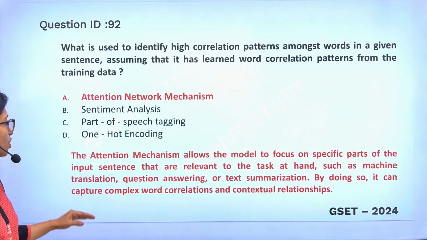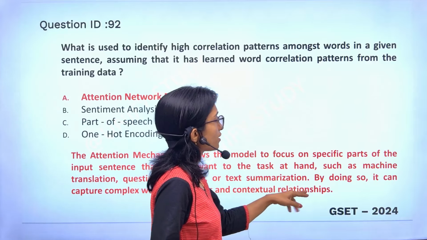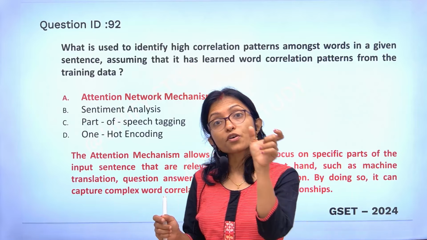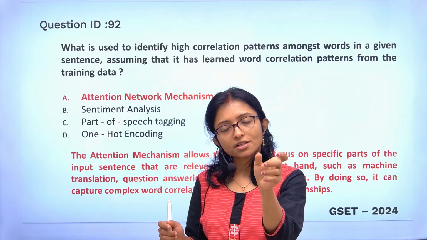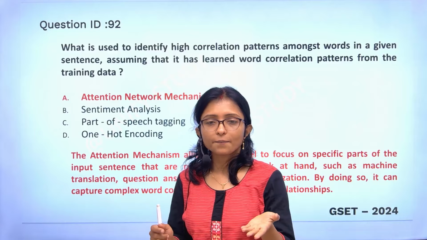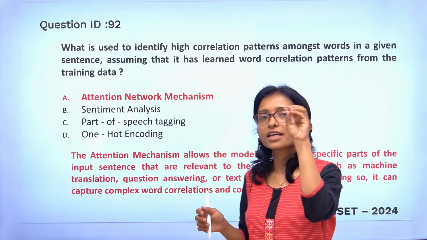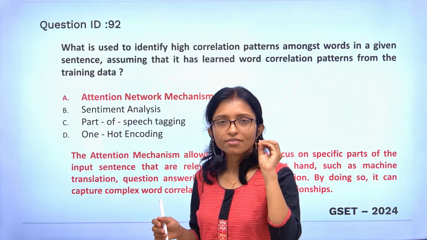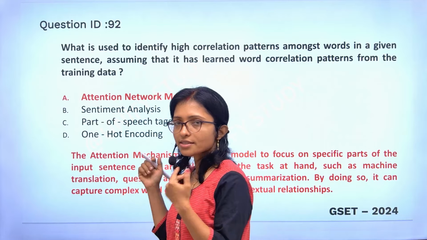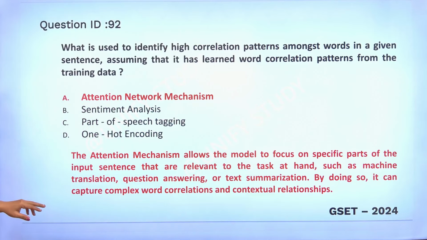By doing so, it can capture complex word correlations and contextual relationships. That means the keyword. We are telling you to try to find the keyword from the question. By finding the keyword, you will be able to find the answer very quickly. That is attention on the keyword, so that you can find the answer quickly and do the summarization quickly. This is the technique, the attention network mechanism.